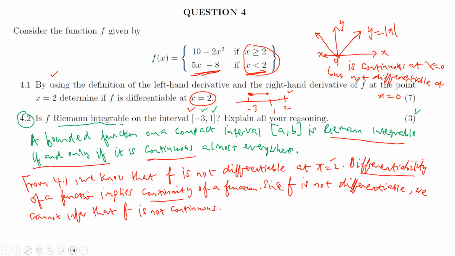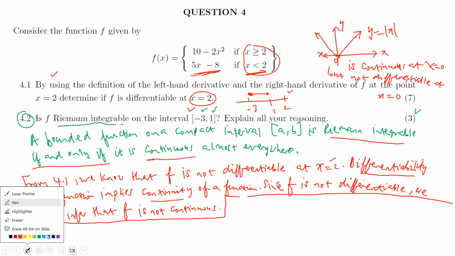It's continuous there. So I'm going to write the answer to the question. It's not everything; we've just written too many things here. I'm going to write the answer in purple, or could use blue maybe.